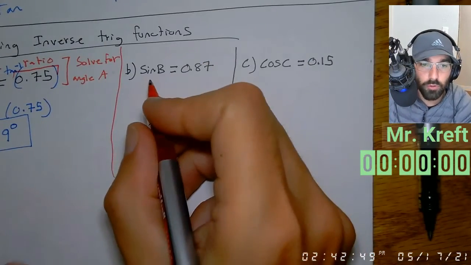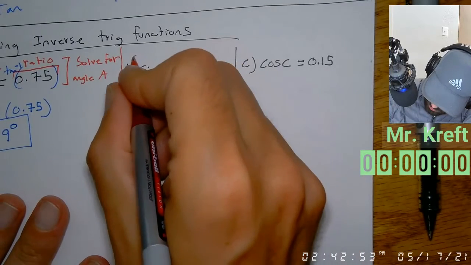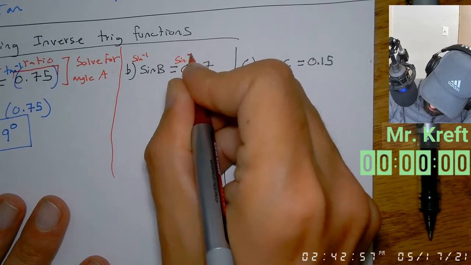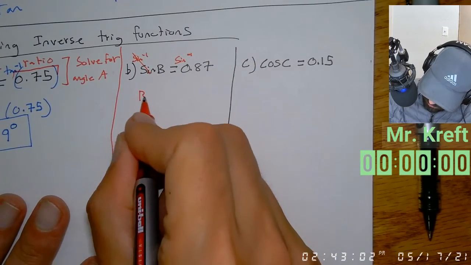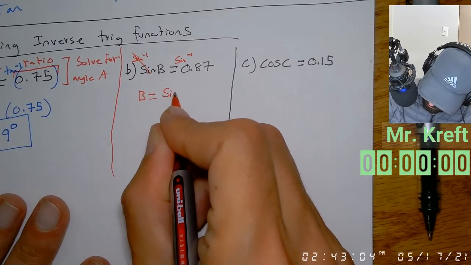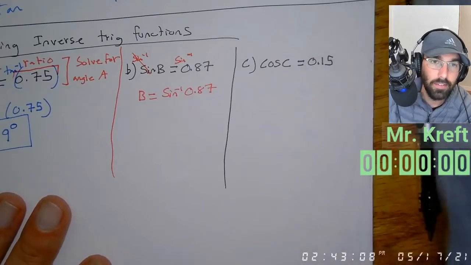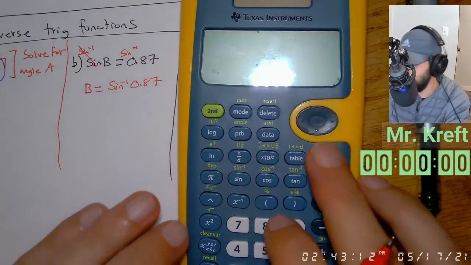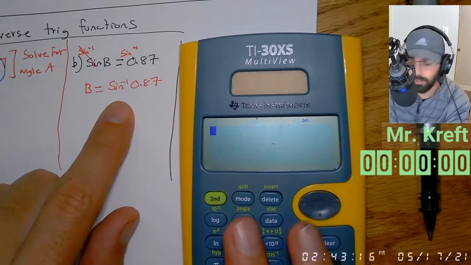All right. So hopefully this is what you did. For this first one, we want to get to angle B. So I would take sine inverse of both sides. The sine inverse and the sine cancel out. So I get angle B equals sine inverse of 0.87. Again, it doesn't matter what the ratio is, it always is the same process.